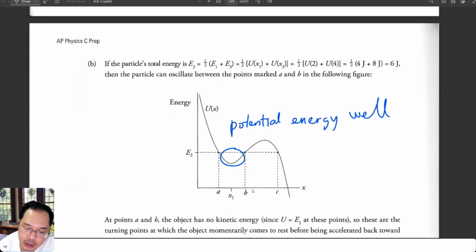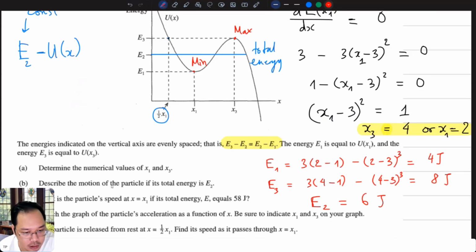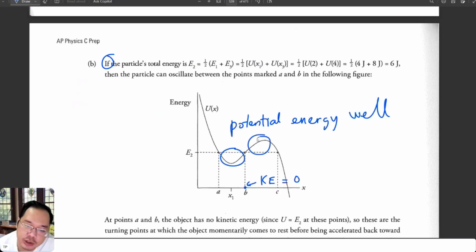At point B here, the kinetic energy becomes 0, and therefore it must move backward. And therefore, the object oscillates between A and B. That is the condition in the question here. If its total energy is E2, the potential energy cannot increase to a new value when the kinetic energy becomes 0, so the total energy is E2.